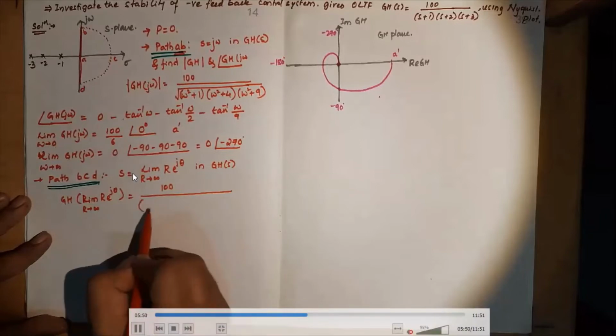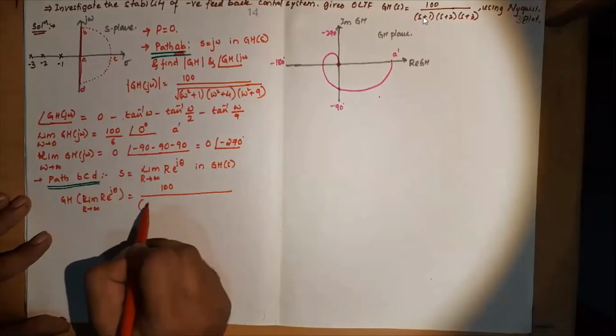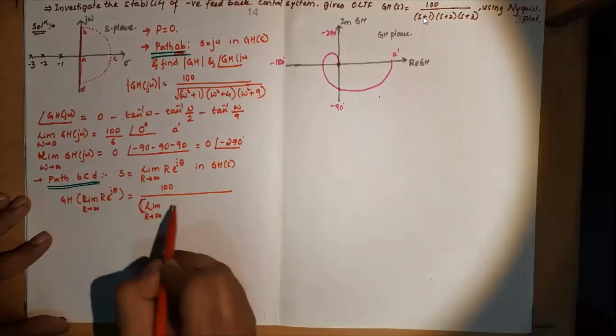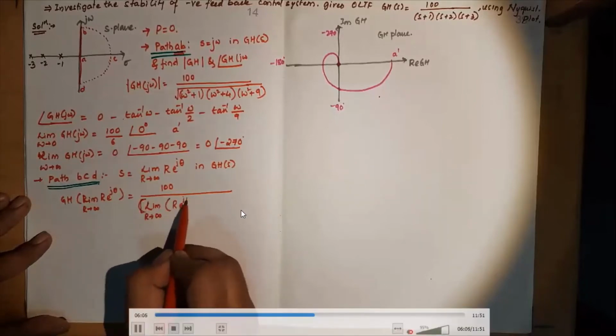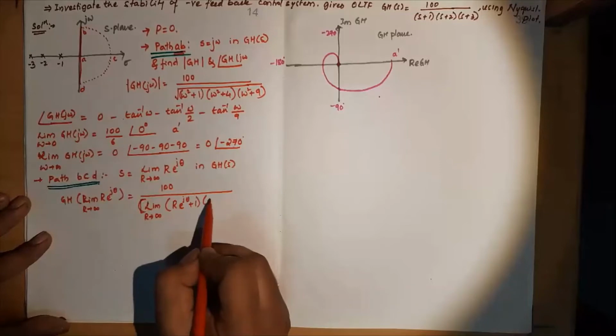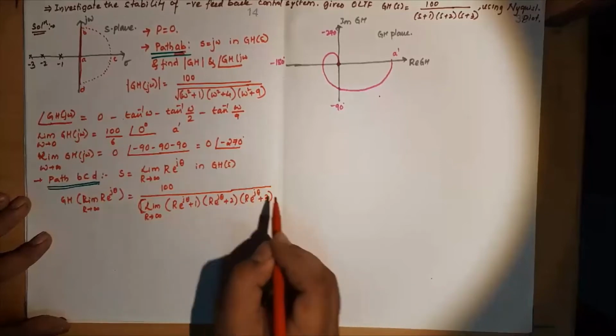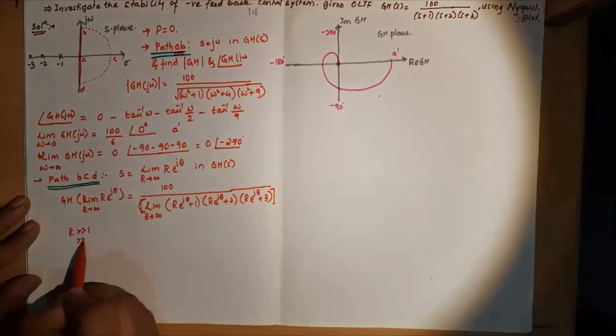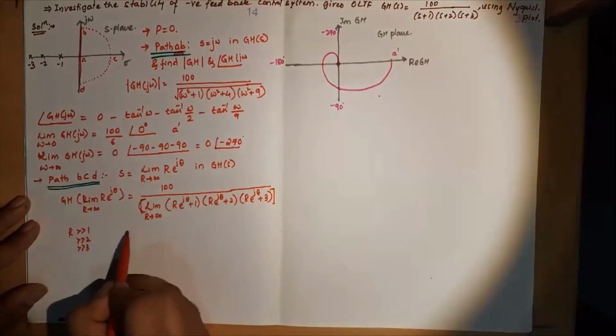So I will substitute this in the given transfer function. That is 100 divided by limit r tends to infinity, common for all the 3 terms, (r e^(jθ) + 1)(r e^(jθ) + 2)(r e^(jθ) + 3). Fine. So r is much greater than 1, 2, 3 because r is tending to infinity.